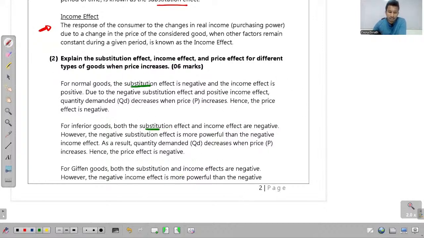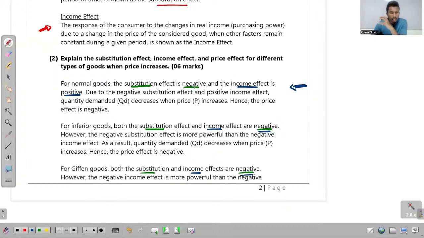Substitution effect for any good is negative. See, negative. This is also negative. And then the price effect. Sorry, the income effect is positive for normal goods, but for inferior goods, the income effect is negative. And Giffen goods are a type of inferior goods, so it's obvious that even for Giffen goods, the income effect is negative. And then come back to normal goods.